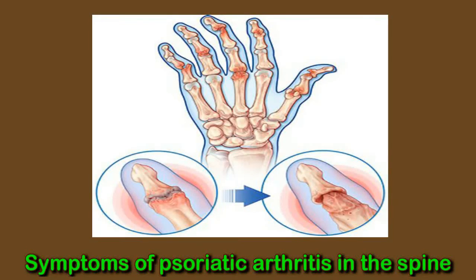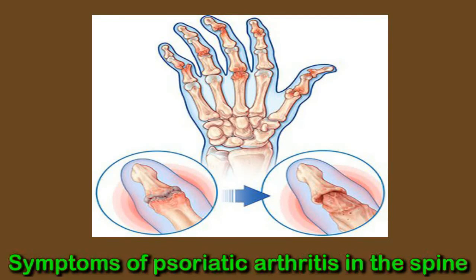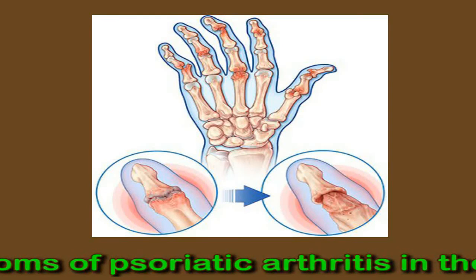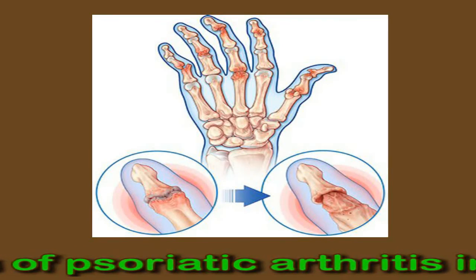that disrupts sleep, pain that gets better with exercise and worse with rest, pain with no known cause, pain in the hips or buttocks, skin issues including scaly plaques that may be itchy, reduced range of motion in the affected joints, general fatigue, joint stiffness which may last for more than 30 minutes after rest or in the morning.